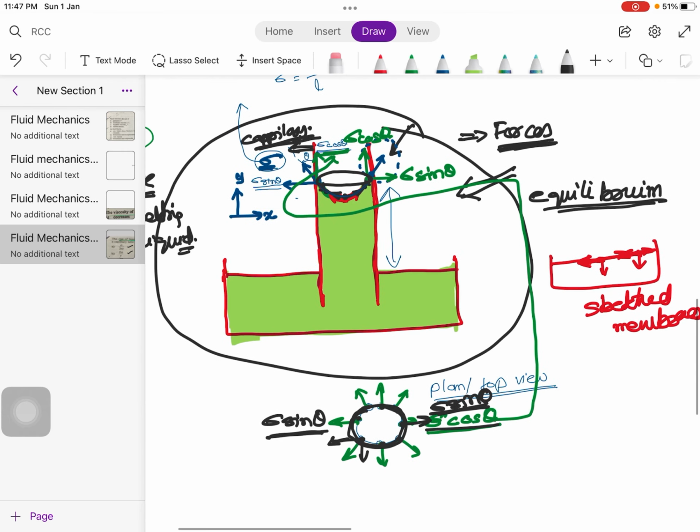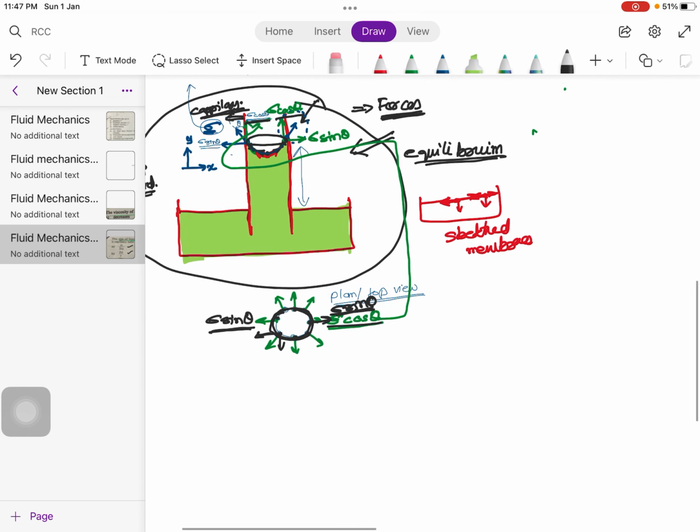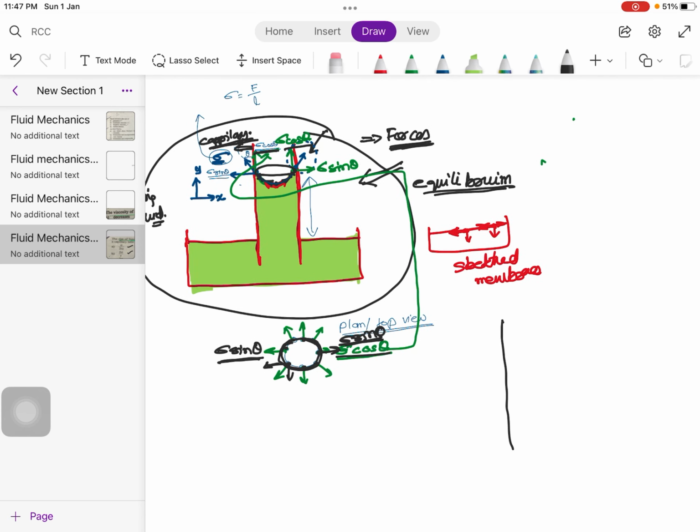But if we take a look at the vertical force on this surface, the vertical forces with the magnitude of sigma cos theta are acting over the entire circumference of this capillary tube.